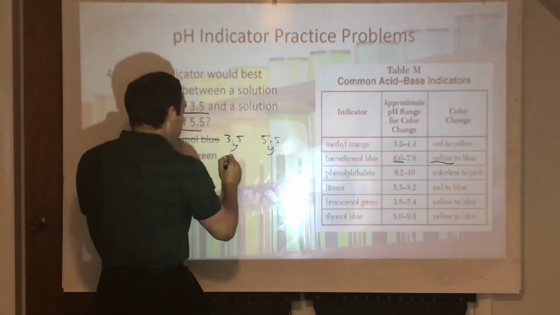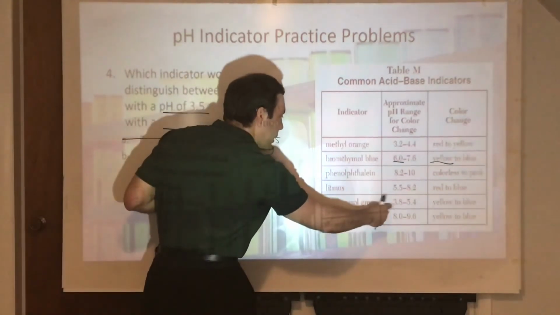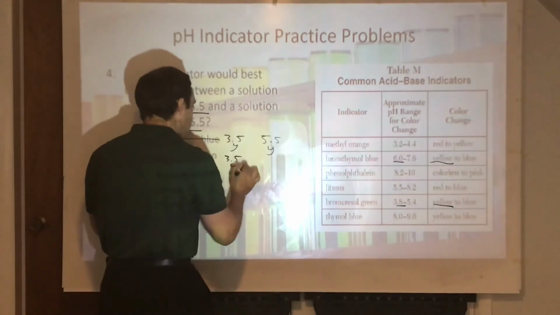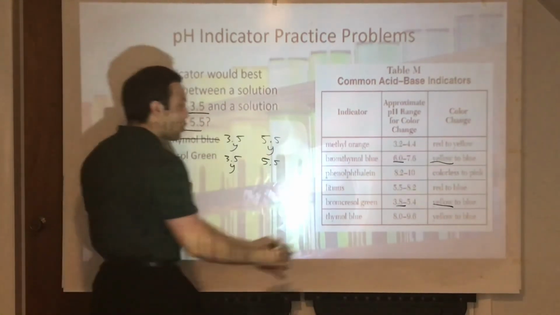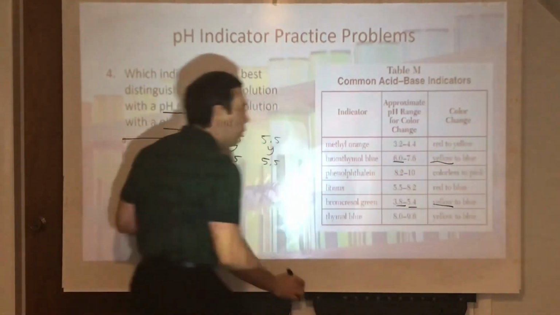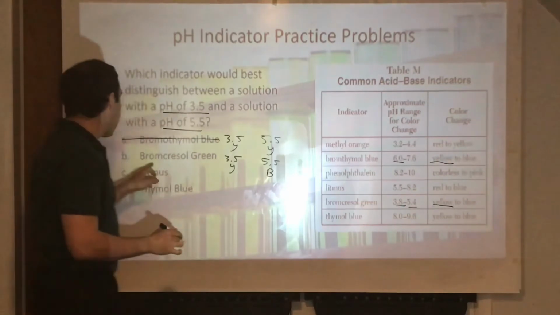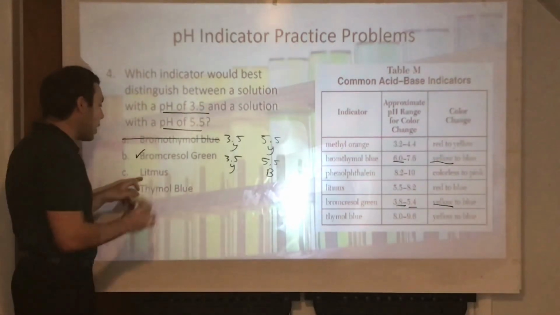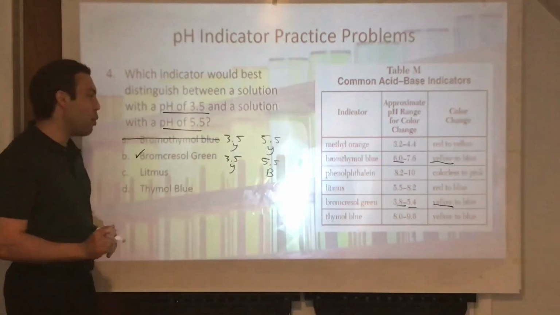The second one, bromocresol green, let's take a look. So at 3.5, that's less than 3.8, so bromocresol green would be yellow. And at 5.5, that's greater than 5.4, so at 5.5, bromocresol green would be blue. So that is a good choice. That does change from 3.5 to 5.5.